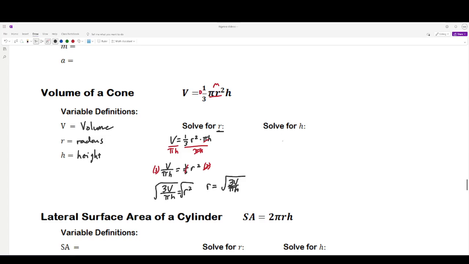So as a first step, I would multiply by 3 to get rid of the division. 3V equals pi r squared h, and then I would just divide by this stuff that is times h. So it doesn't matter what it looks like, I just divide by that thing. So divide by pi r squared, divide by pi r squared, these cancel, and I'm left with h equals 3V over pi r squared.